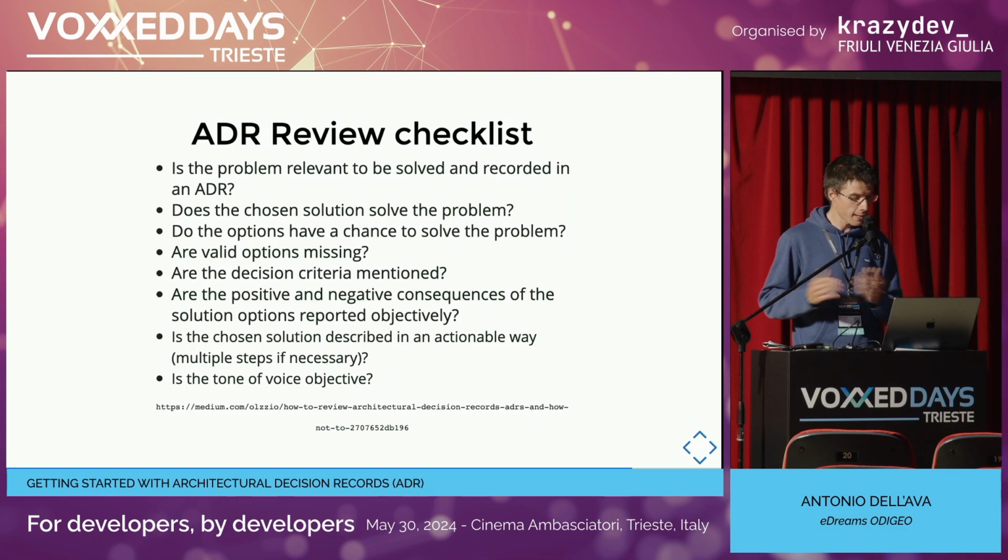Are all the negative and positive consequences of the solution option reported objectively? And then is the solution described with an actionable plan? And finally, is the tone of voice objective? This is the keep-in-mind list when you review an ADR. This is very important, so in the future you can really understand why the decision was made in that way.